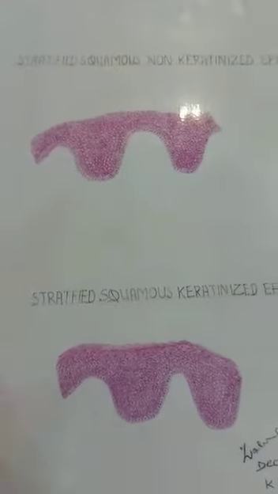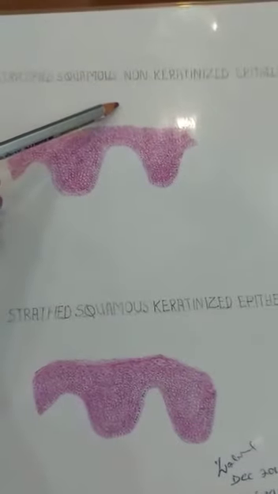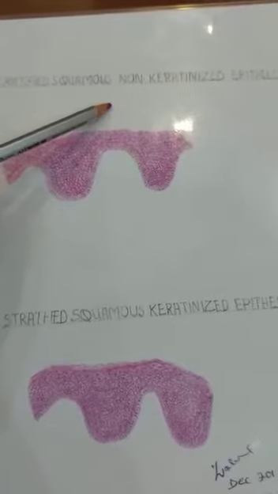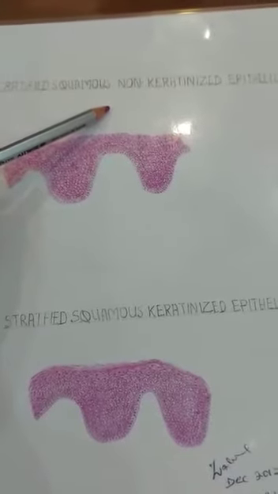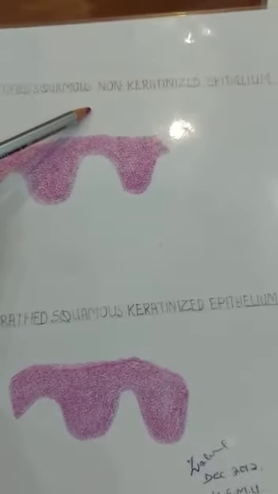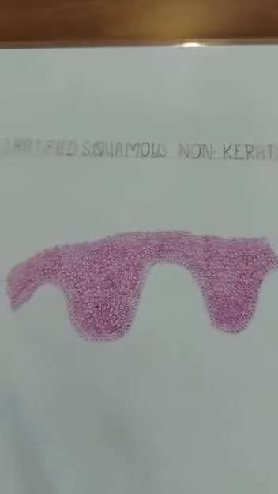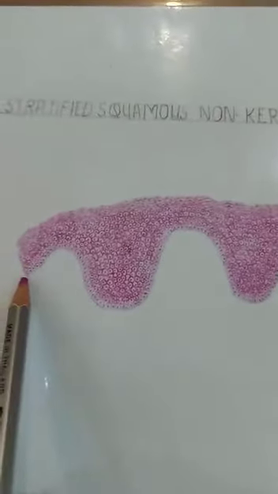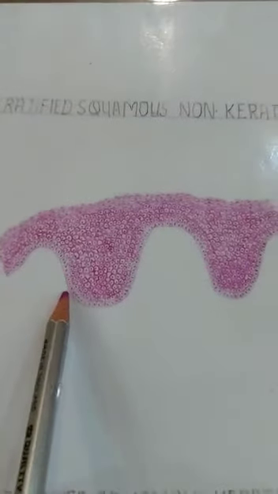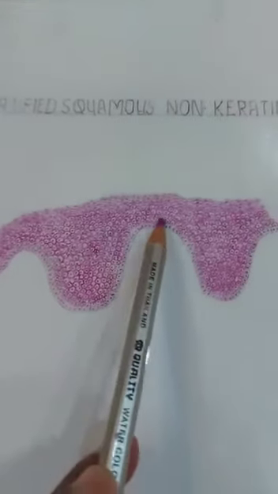The stratified squamous non-keratinized epithelium is present in the mouth cavity, the part of esophagus, and vagina. So, to draw it, we will draw the basal layer of cuboidal cells.